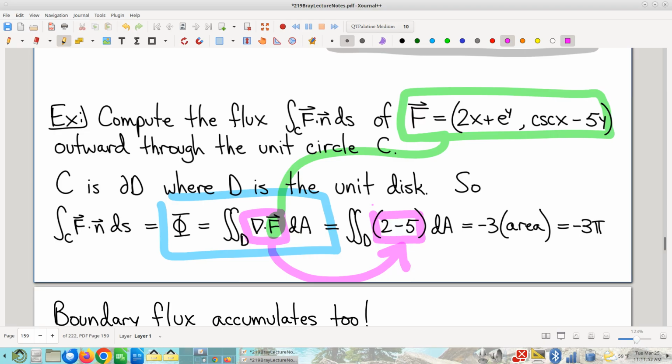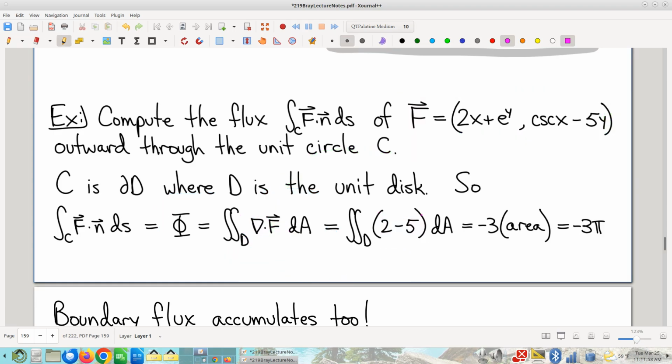Okay, so not a rare scenario, and this ends up being, of course, a super easy integral to compute because this is a constant, and our region is the unit disk. Nothing to it. The integral's -3 pi. Everybody good? Okay, so again, neat result.